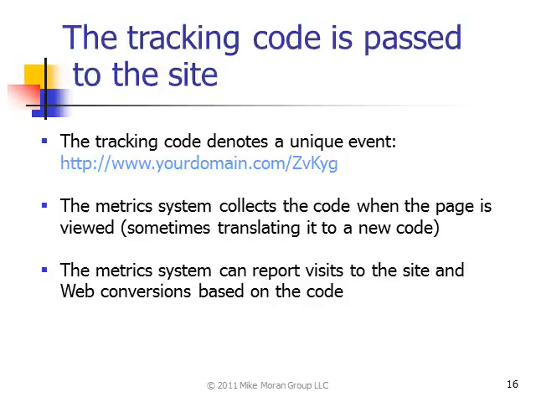And as we've said multiple times, your metric system, your analytics system collects that code when the page on your website is viewed. And sometimes, for some kinds of systems, it would be translating that tracking code to even a new code. So it depends on the way your system works.